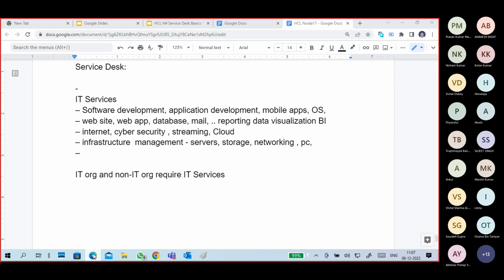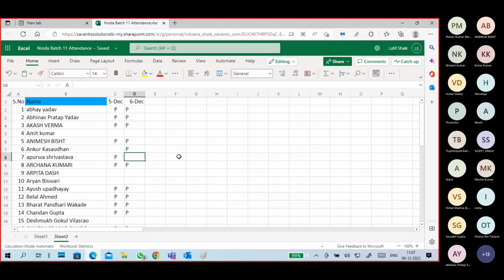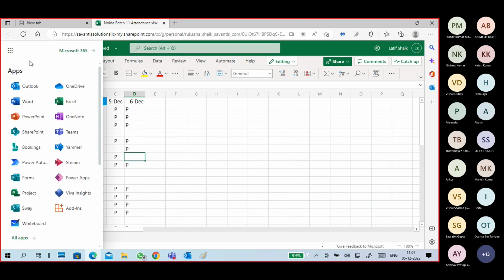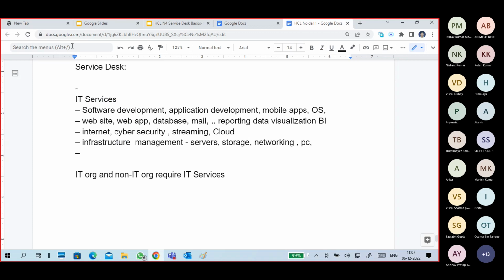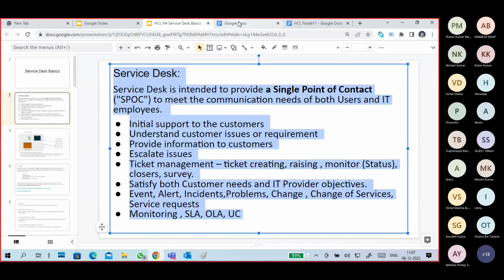If you see, this is my Office 365. Software as a service. This is my Microsoft Office 365. Name changed to Microsoft 365. So these are all I am getting from my Microsoft Office 365. It is a software as a service. It is a cloud service. This is docs.google.com.